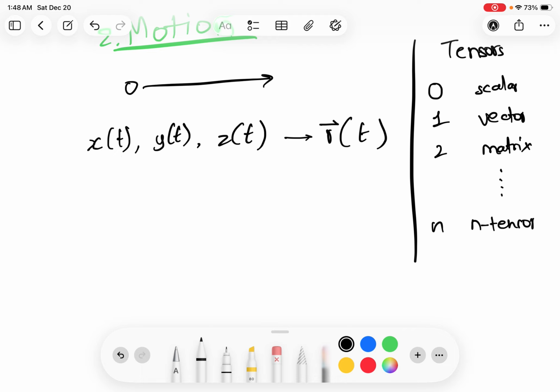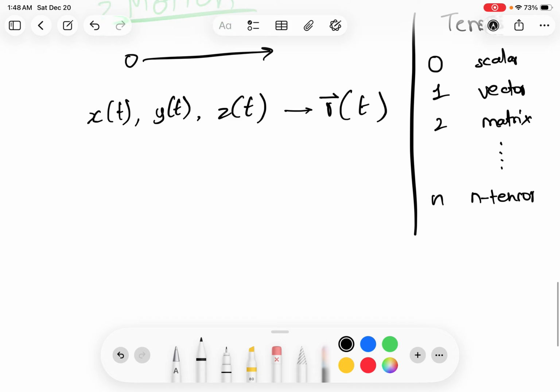Now, the job of classical mechanics is to figure out the position R of t from some initial condition and some dynamic law. So as the position changes, there will be some displacement.